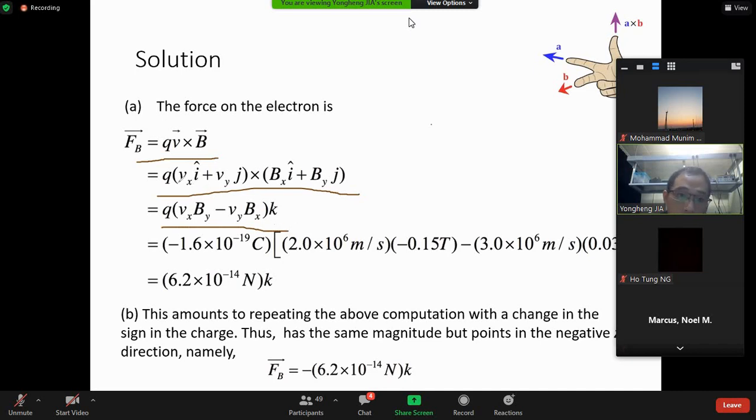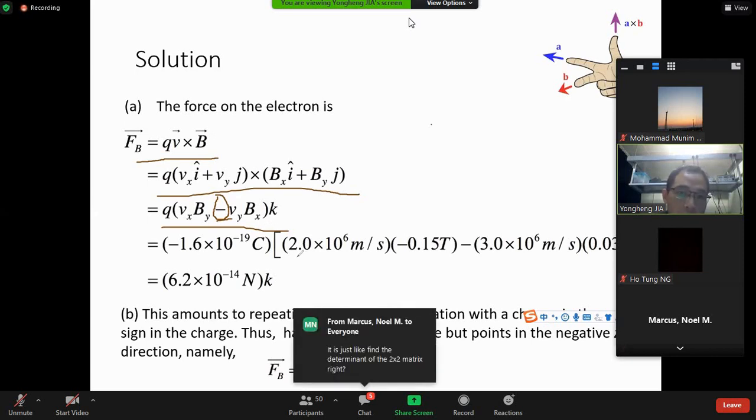You should know that here we have a minus sign, because I cross J equals K, but J cross I equals minus K. So just remember the details here. It's quite easy for this example, but you always need to consider the direction.